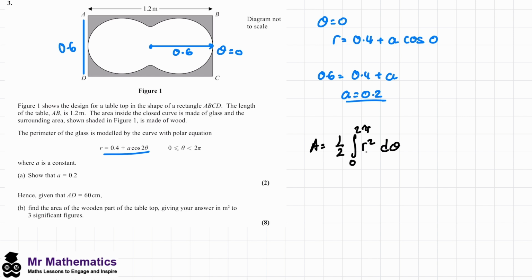So if we substitute r into here, the area is 1/2 times the integral between 0 to 2 pi of r squared, so 0.4 plus 0.2 cos 2 theta, and this is all squared, d theta. So now we need to expand this out.